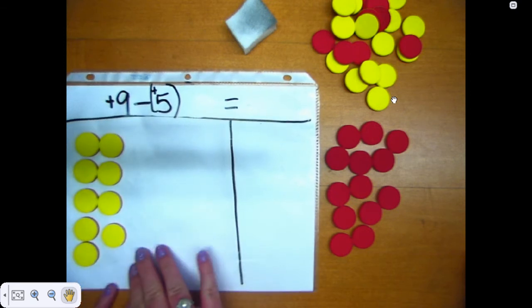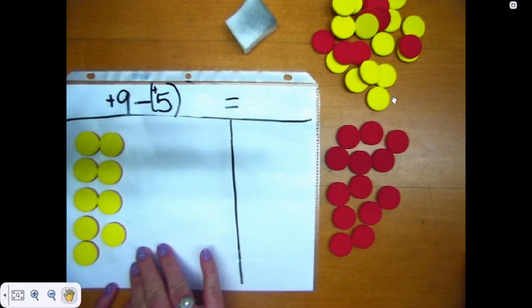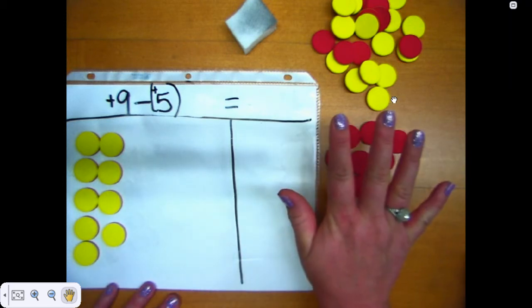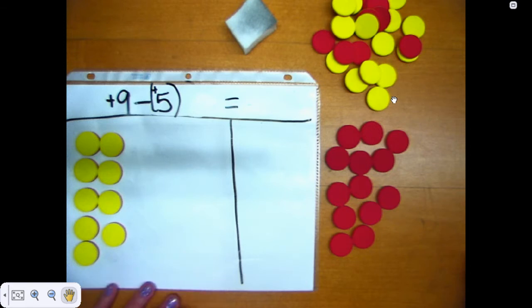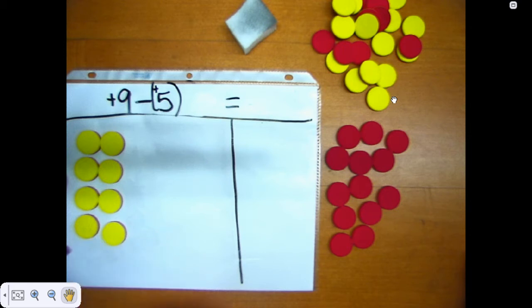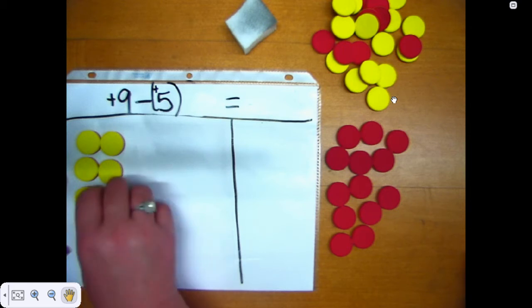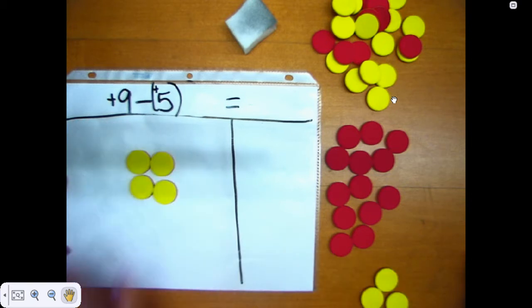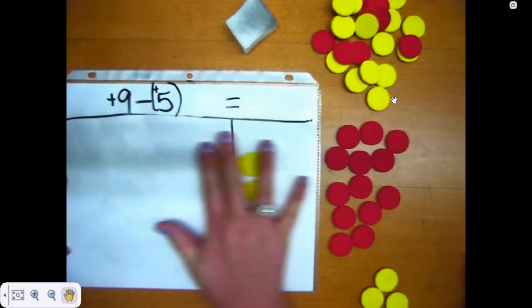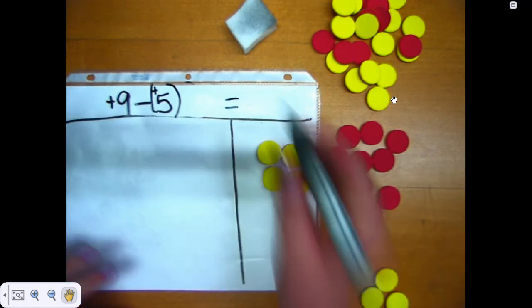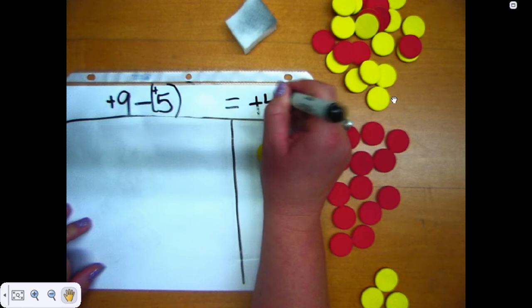Do I have positive 5 on my board? I do have positive 5, so I don't need to add any 0 pairs at all. I have positive 5 to take away. So I have positive 9, and if I take away positive 5, 1, 2, 3, 4, 5, I'm left with all the same color, and I can push them across to the equal side, and my answer is positive 4.